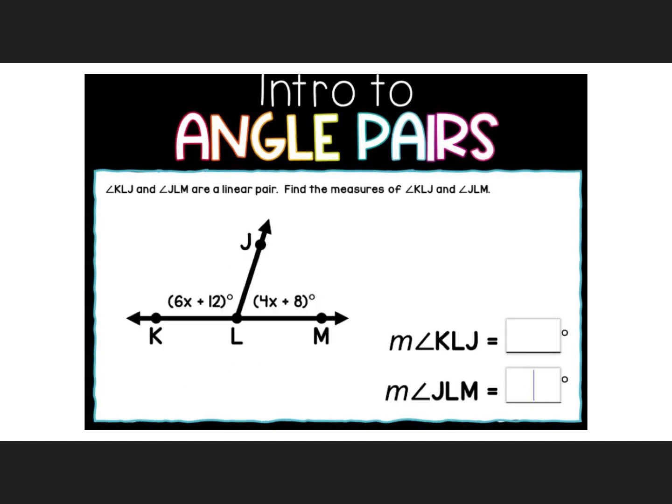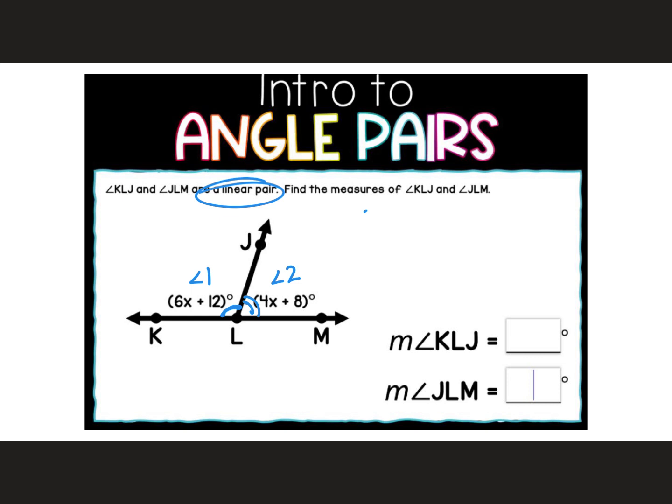Now we're getting into some algebra. So this says that angle KLJ and angle JLM are a linear pair. So that means they make a line. That means they're supplementary. That means when you add them together, they would equal 180 degrees. So for the sake of writing this in a way that makes sense, I'm going to say that this angle right here, angle KLJ, I'm just going to call angle 1, and I'm going to call this guy over here angle 2.